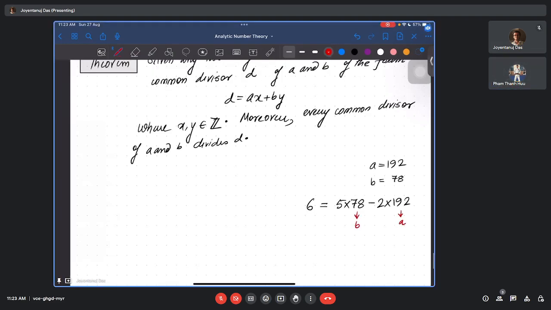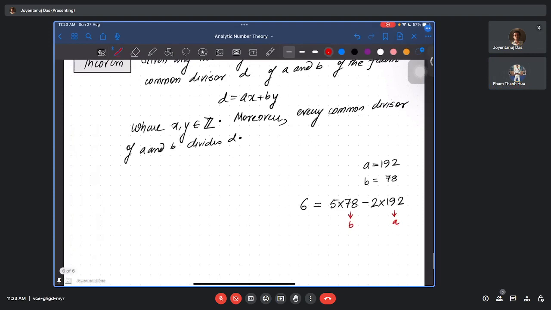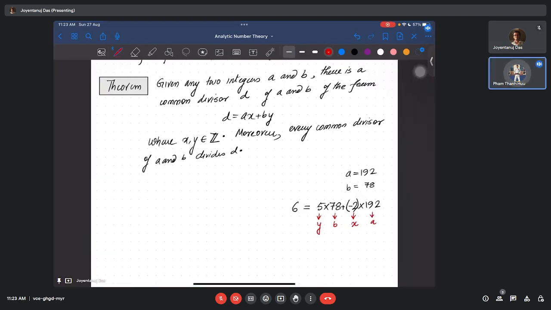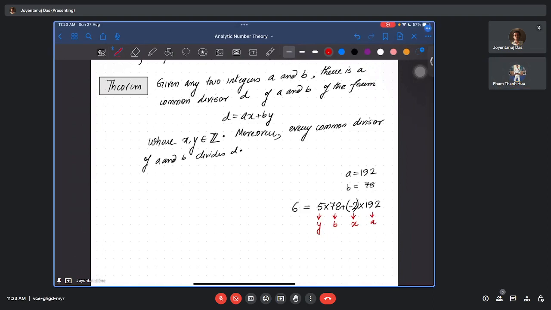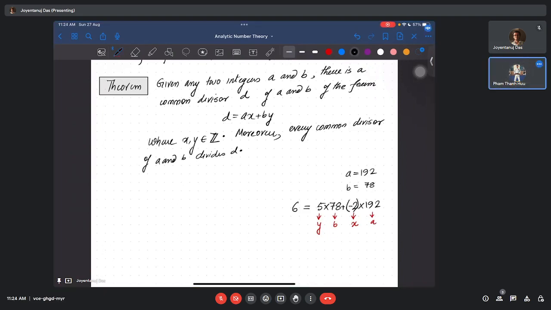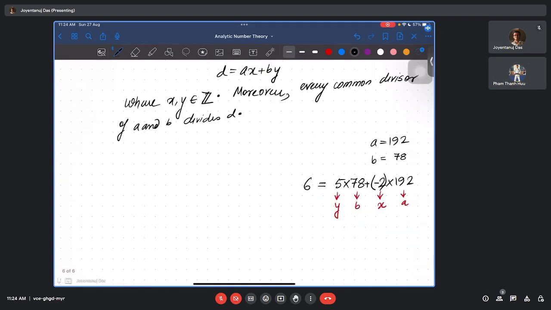So this is my b, that 5 is my y, and if I take the bracket inside, that is minus 2, so this is my x. You can check that 6 is a common divisor of both a and b, right? 6 divides a as well as b, and 6 divides 192 also.